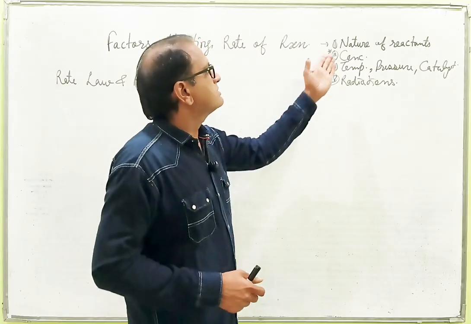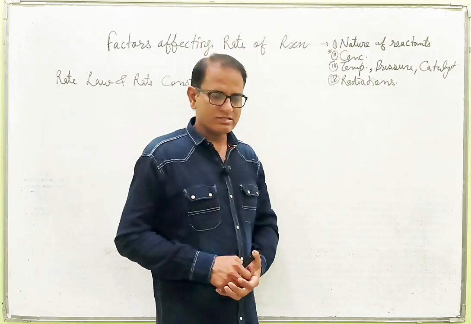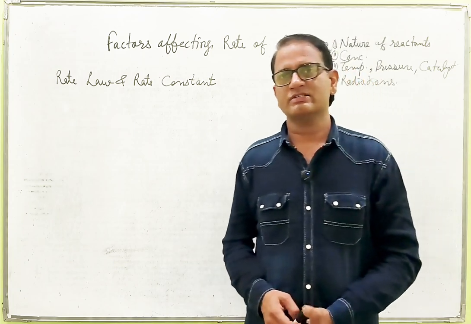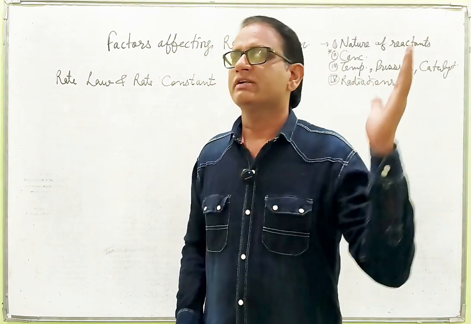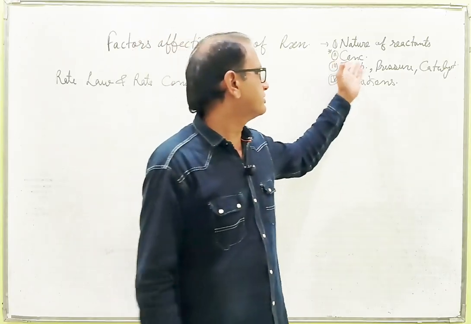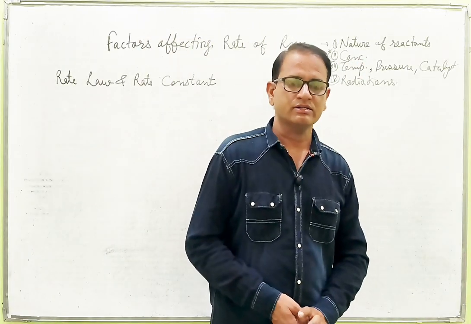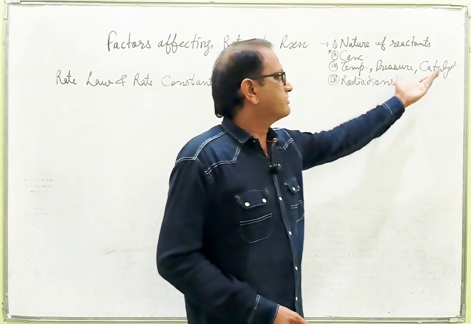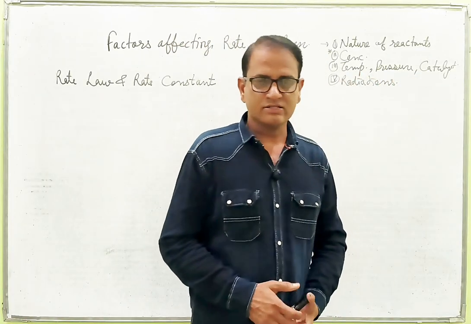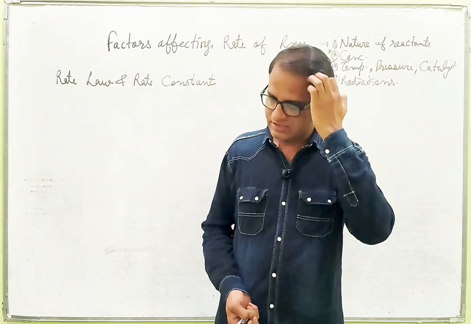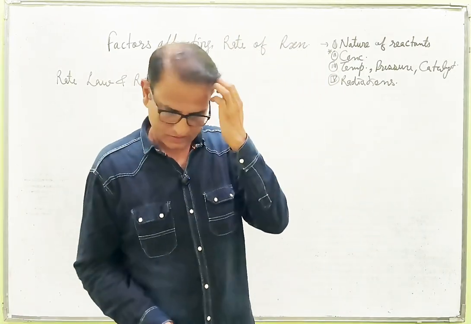Okay. Second one is concentration. This is again the most important factor which affects the rate of reaction, and of course we will take rate law and rate constant related to concentration of a reactant. Temperature, pressure, and of course catalyst, these are other factors which affect the rate of reaction consistently and noticeably.